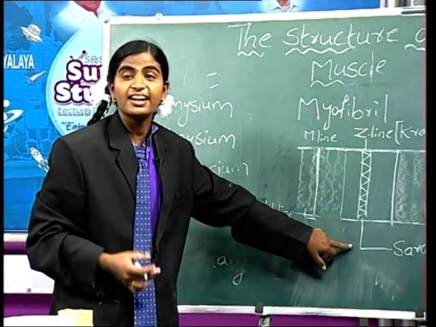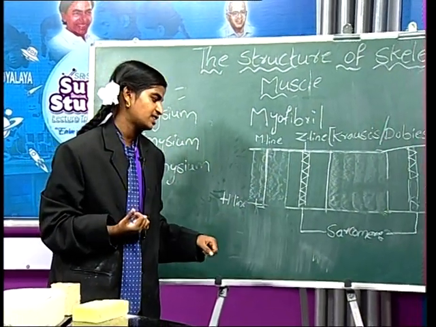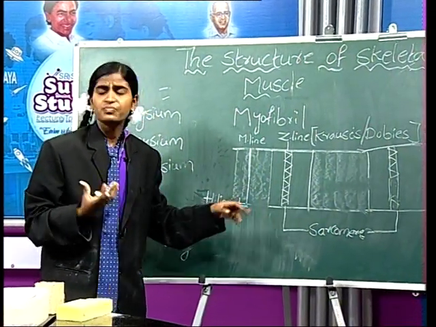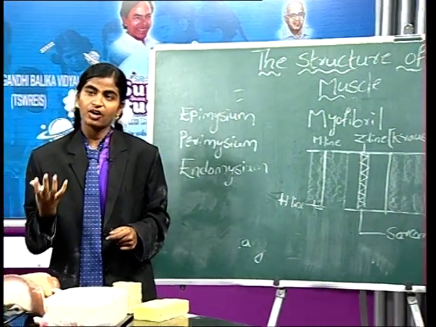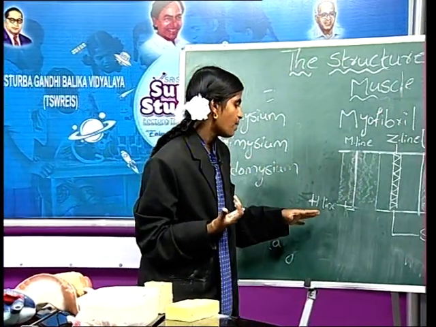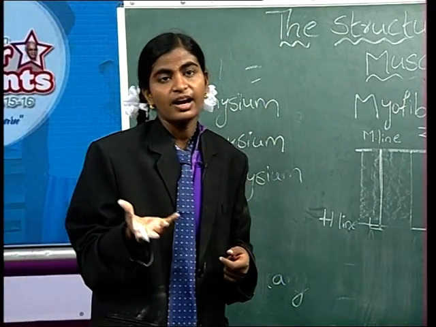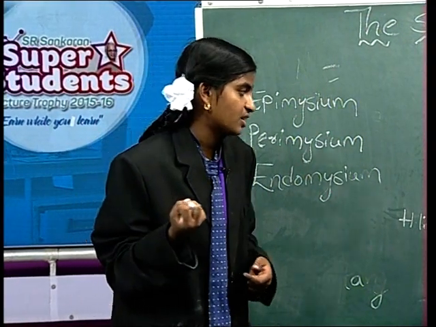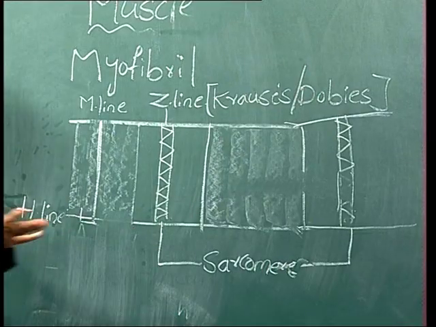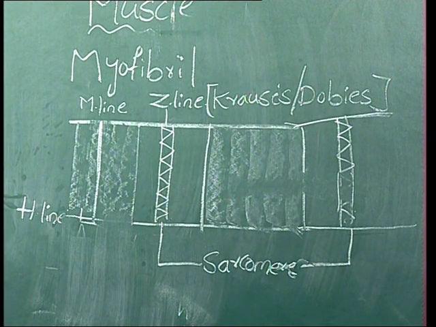This sarcomere is the functional unit of contraction, and when the sarcomere contracts or relaxes, the bands overlap. So it can perform the muscle contraction.